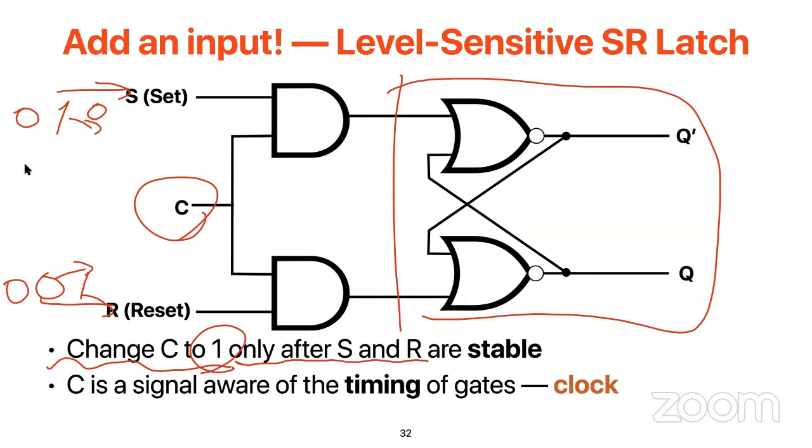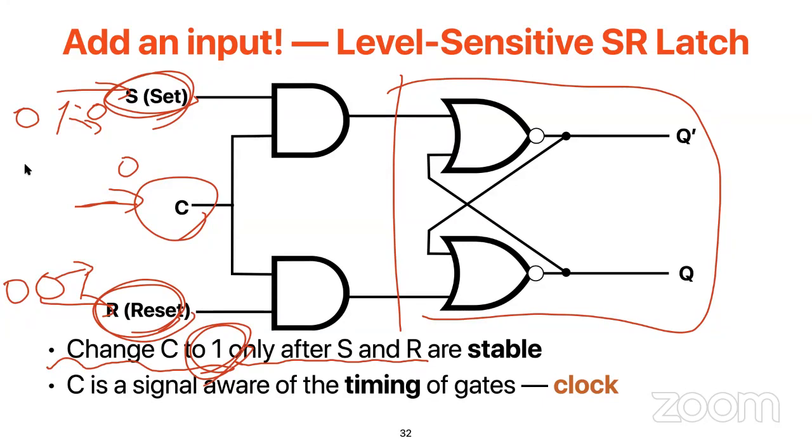So this is a case we want to avoid. So if S and R are in transition, we set C to be 0. And we only set C to 1 after both S and R signals are stabilized.